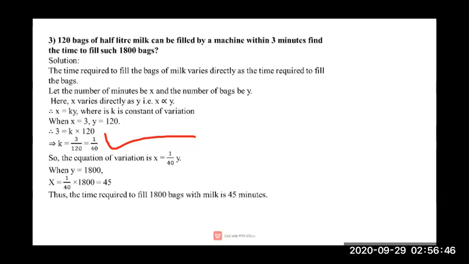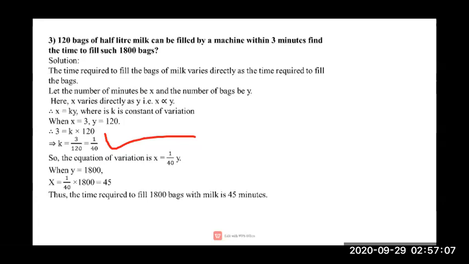When y equals 1800, the formula is x equal to ky. We are going to find x. So x equals k, which we got as 1 upon 40, multiplied by 1800. When we cut it down, we got the answer as 45.